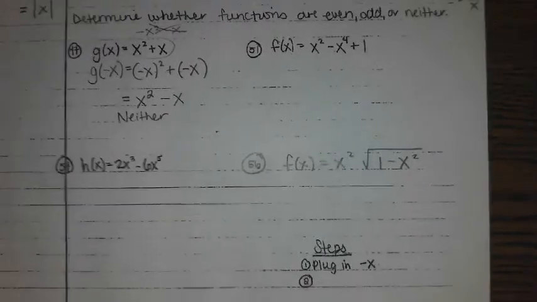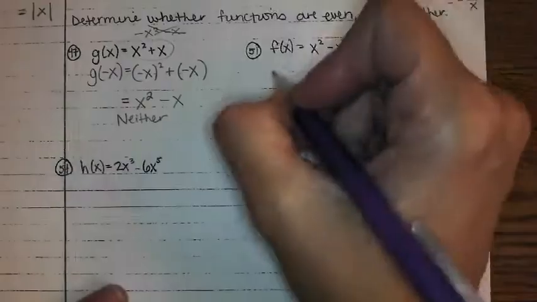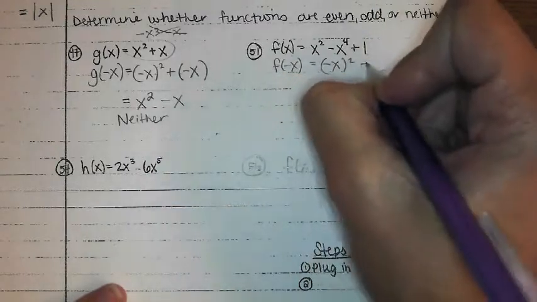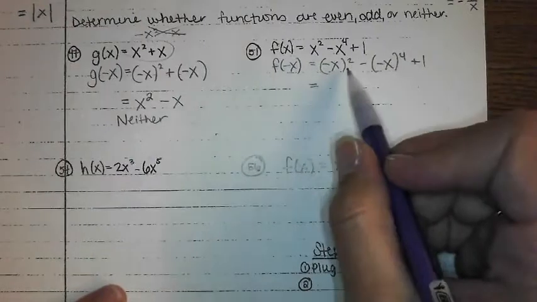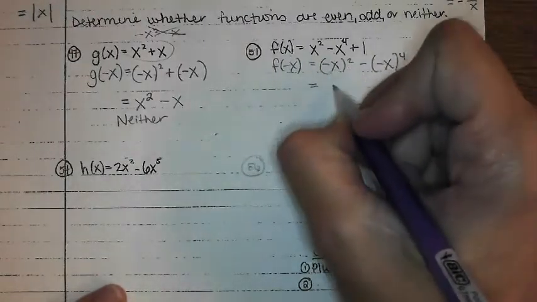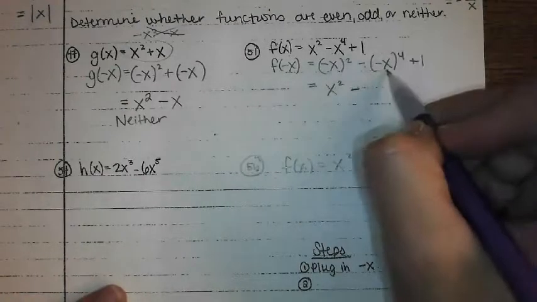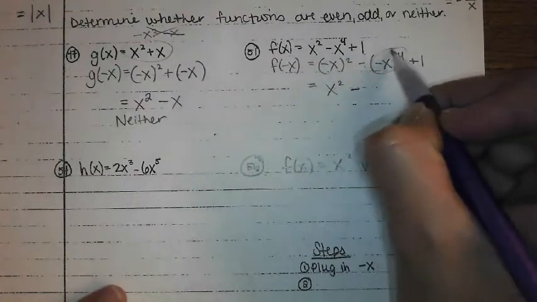Taylor, what did you get for 51? Even degree. So f of negative x, when we simplify, negative x squared is going to cancel that negative. Minus, when I raise this to the fourth power, make sure you're doing that first.